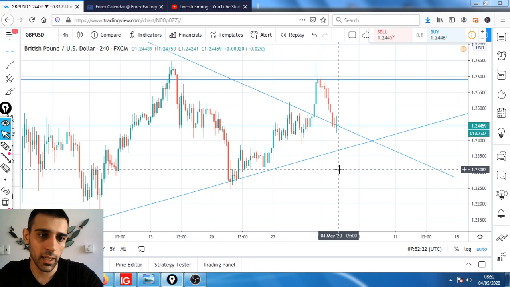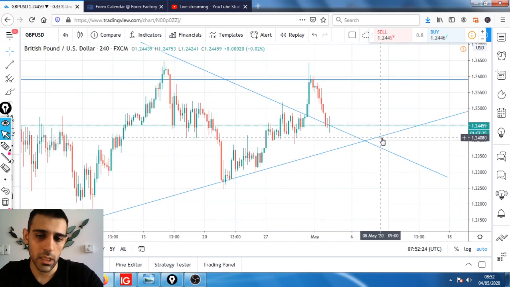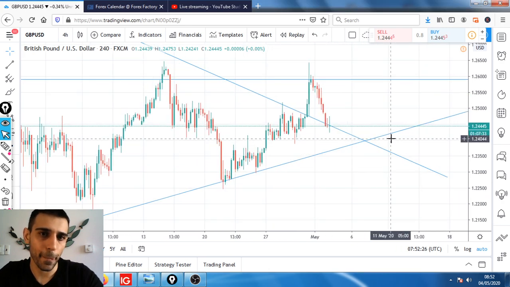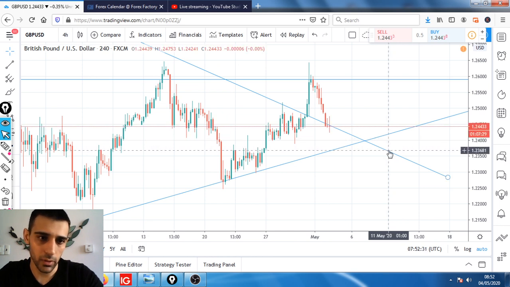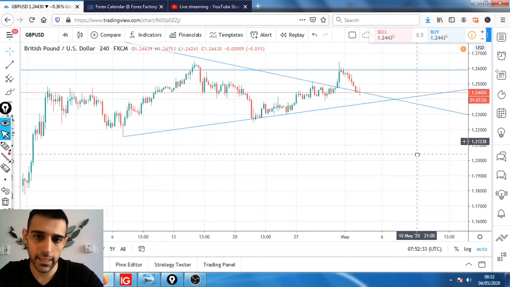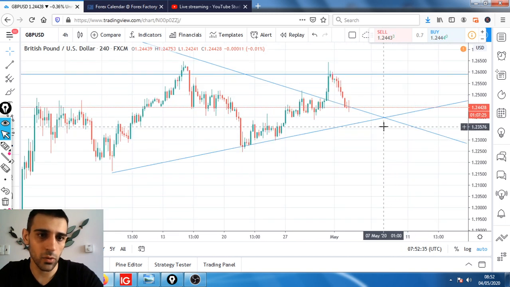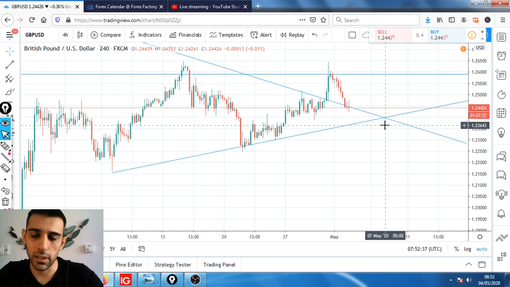However, in my case, I'm probably going to be holding it further down for the next 4-hourly support, down to this 123.65, especially since we're taking a 20 pip stop loss. So two targets.